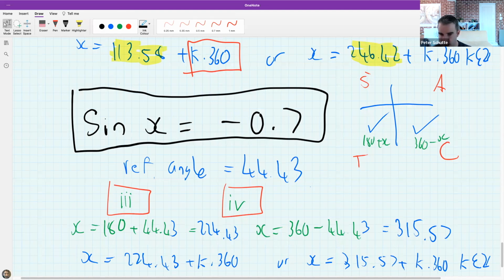Or if the question changes the period of the function. If there was a number in front of the x, that number would change the period of the graph. But that's a different type of question. Whenever it's like this, and it's sine or cos, you would have a period of 360 because the graph's period is 360. Okay, thank you.